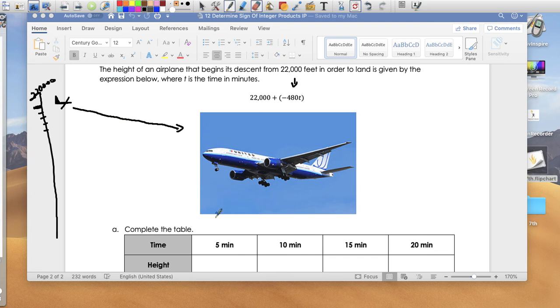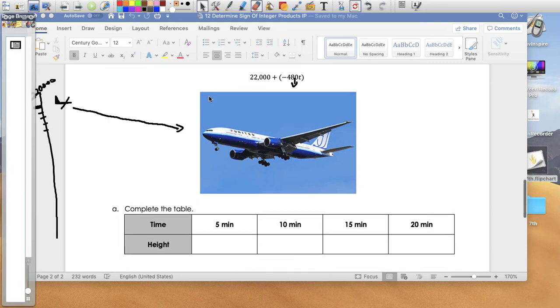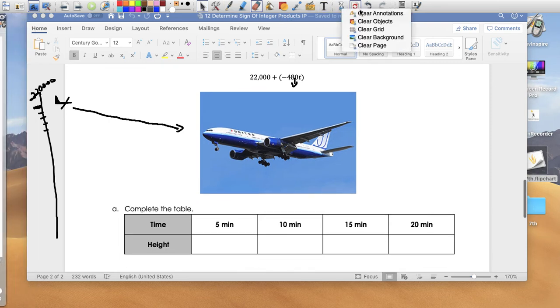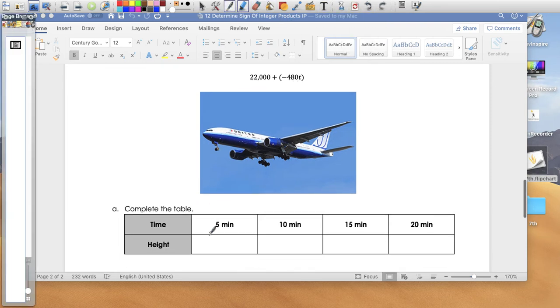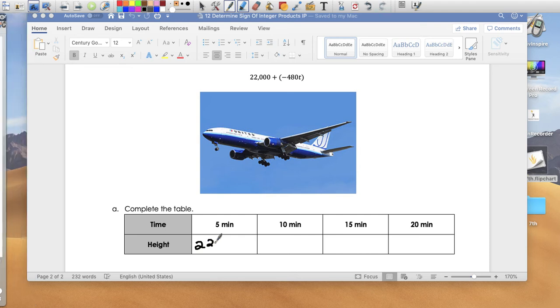To find that, we're going to have to substitute. So let's take the 5 minutes, and I think I can put it in the box. The first thing I would do is substitute. Actually, I'm not going to have room there, so I'll put it over here. So it's 22,000 plus negative 480 t, where t stands for time.